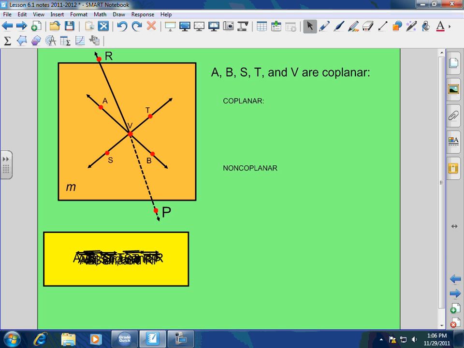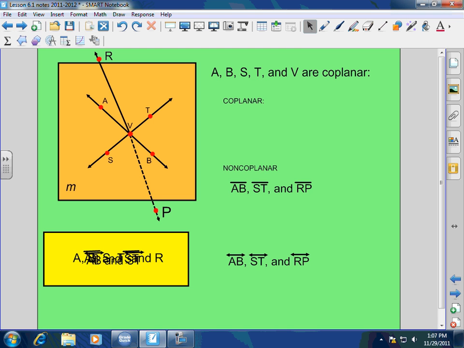Does it go to coplanar or to non-coplanar? So for example, A, B, S, T, and RP. Are they coplanar or non-coplanar? They are non-coplanar. Why? Because RP is going through the plane. It's not on the same plane.